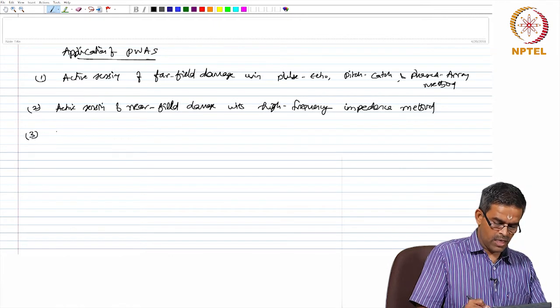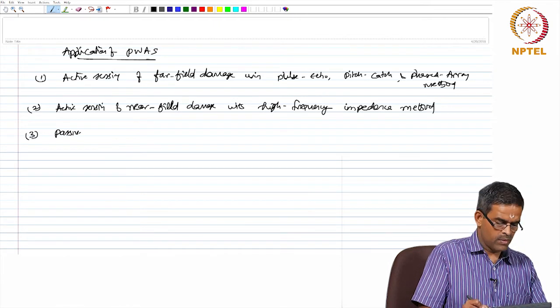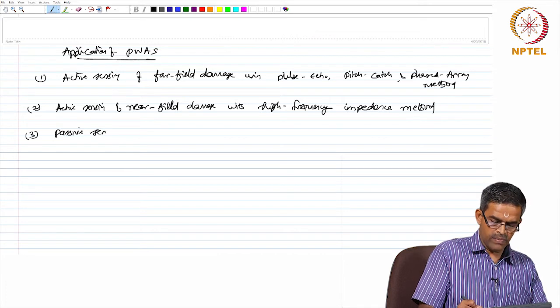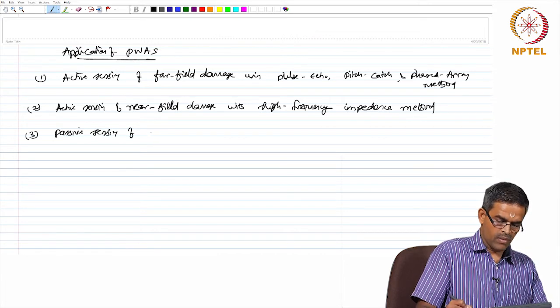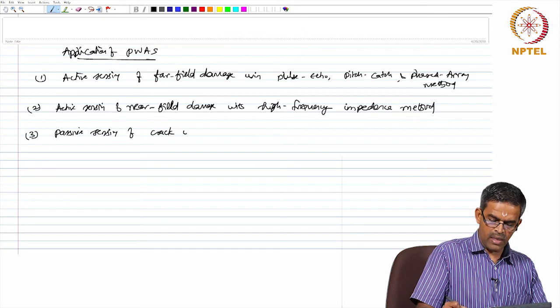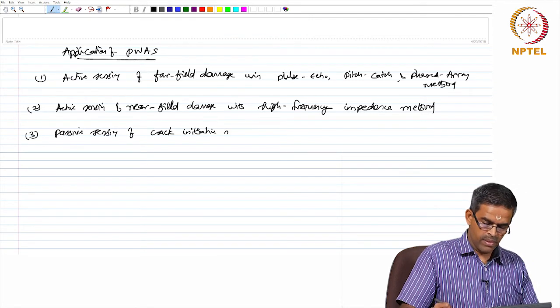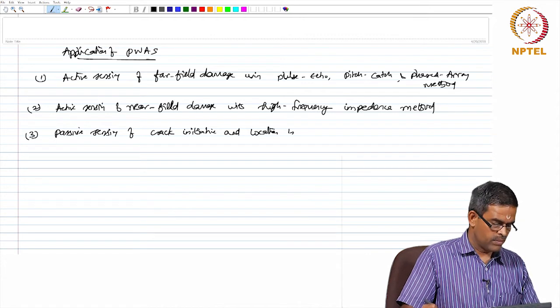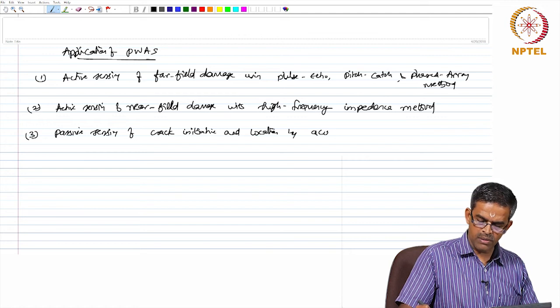Further, they can be useful in passive sensing of crack initiation and location by the acoustic emission method.